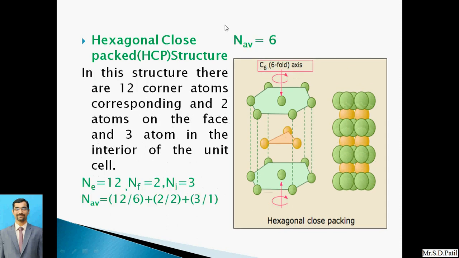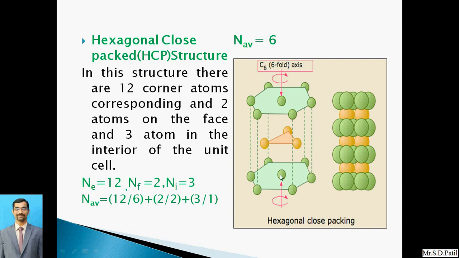Now we will see how the hexagonally closed packed structure looks. In this particular structure there are 12 corner atoms. On each corner there is one atom, so 12 corner atoms are there. Then 2 atoms on the faces.